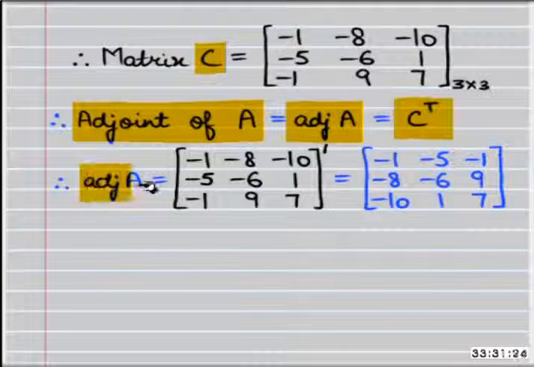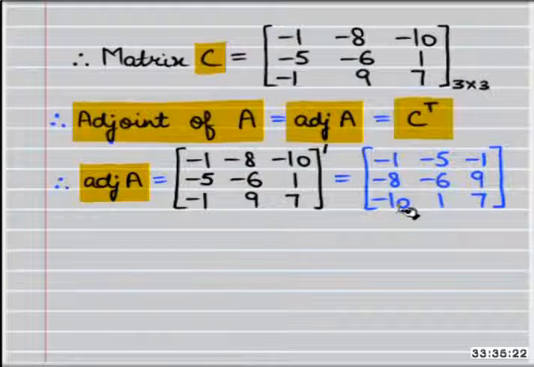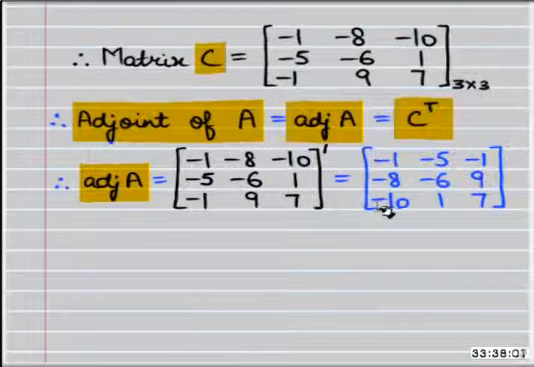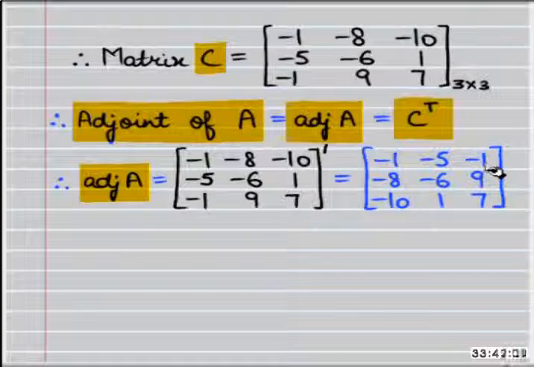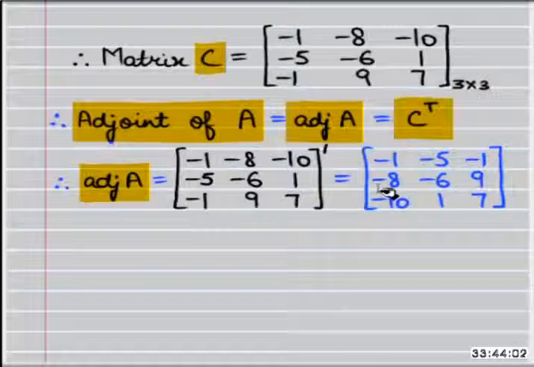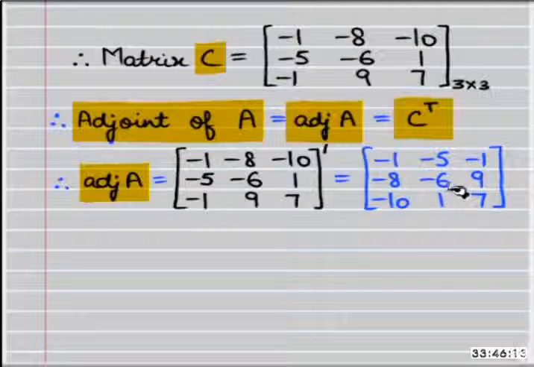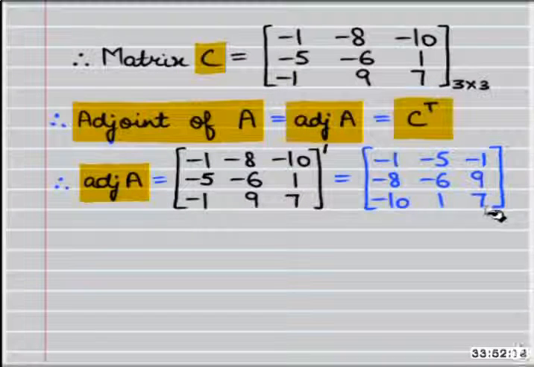So here adjoint of A is equal to this same matrix.